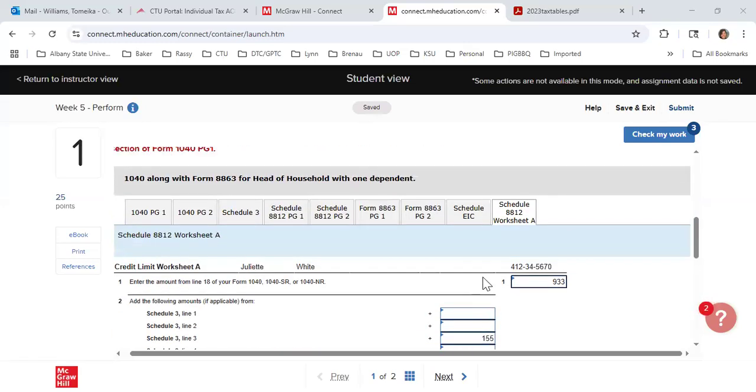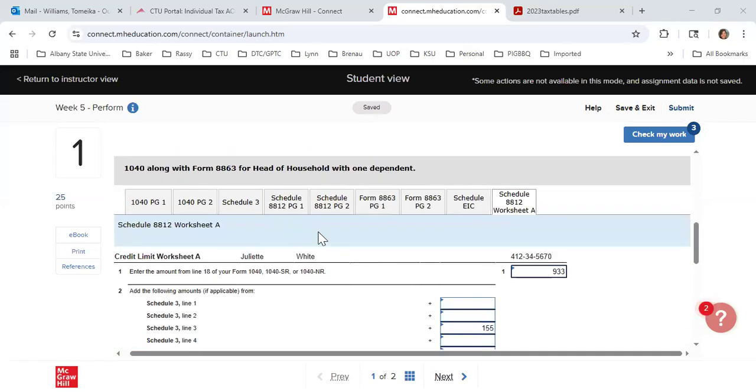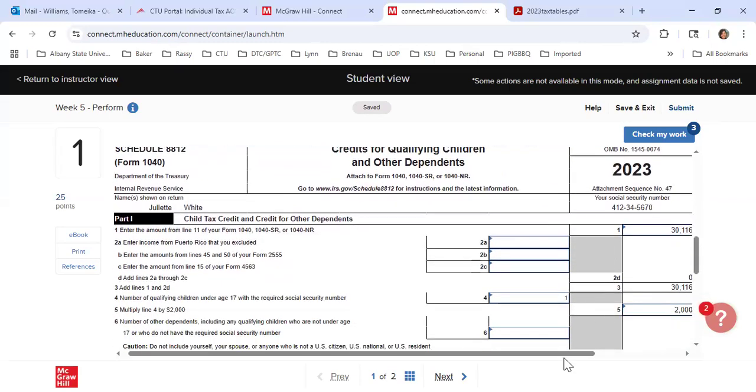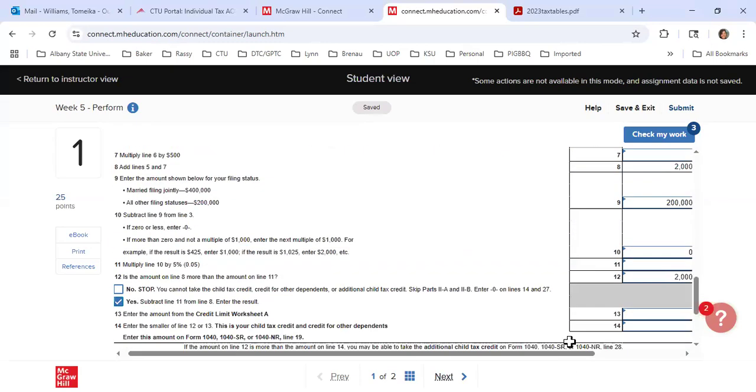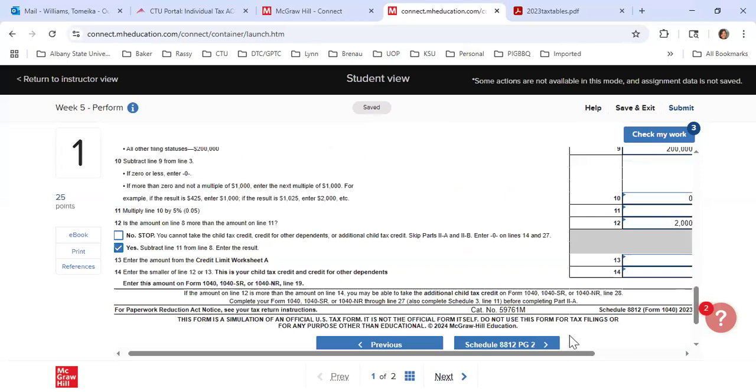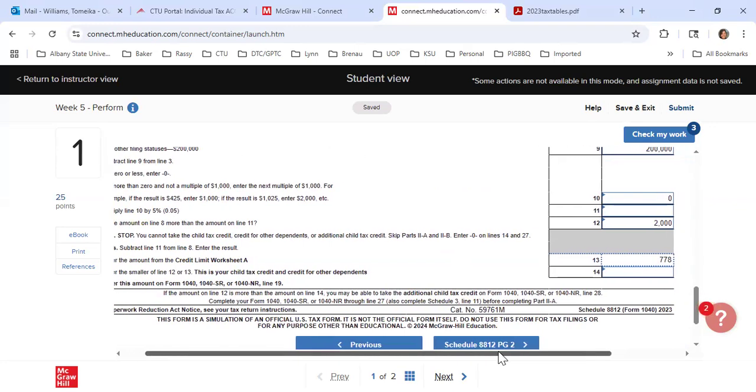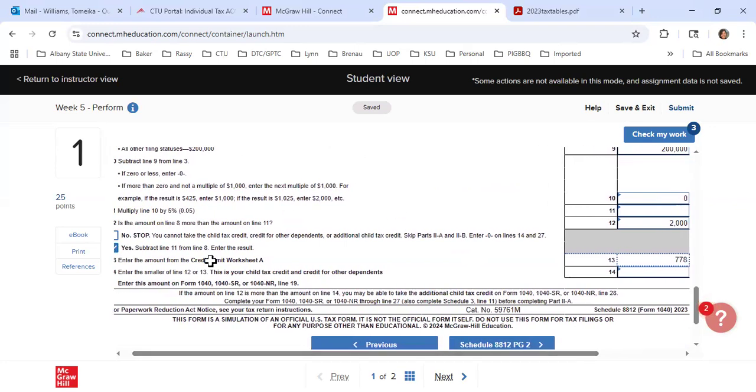Okay, so now you're going to go back to the Schedule 8812 page 1. Where we left off here was line 13 and 14. So now on line 13, you want to put that 778 from credit limit worksheet A. Line 14 says to enter the smaller of line 12 or line 13.